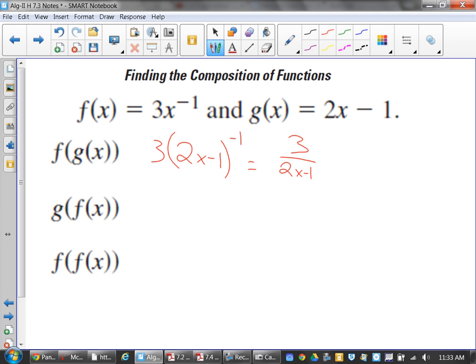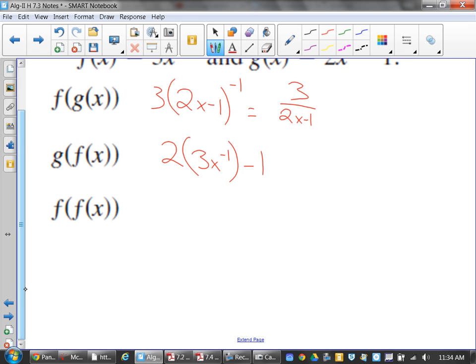Now, when I go the other way, g of f of x, I start by writing down the f of x equation, and then I surround it with the rest. What can you simplify? 6x minus 3. Whoa. Wait, hold on. I forgot the little thing.